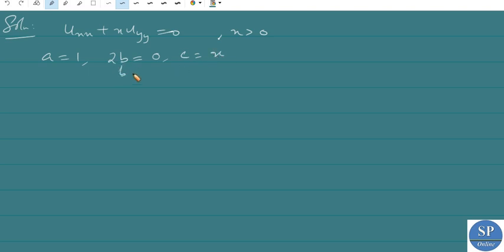So here b equal to 0. Therefore b squared minus ac is nothing but 0 minus 1 into x, which is minus x. Since x is greater than 0, minus x is less than 0. Therefore the given differential equation 1 is elliptic.